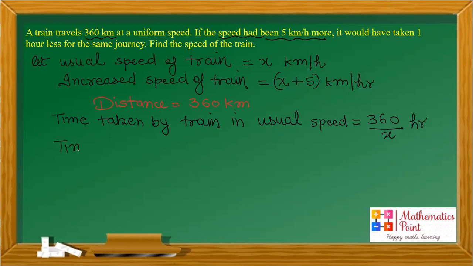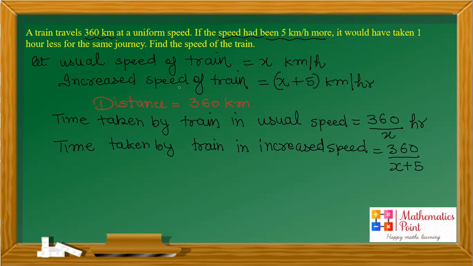Now we will find the time taken by train in increased speed. That will be equal to 360 divided by x plus 5 because the increased speed of the train is x plus 5.